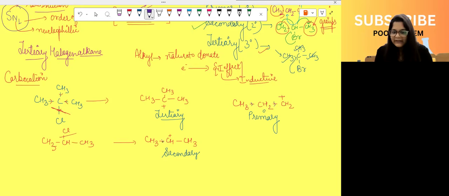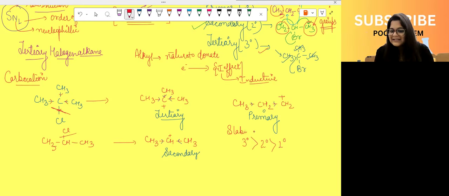Over here, it is getting it from two ends, whereas over here it is able to get it from all three ends. So in the case of tertiary, since it is able to get it from all three sides, it is more stable, followed by secondary and followed by primary. So I can say my 3 degree is highly stable, followed by 2 degree and followed by 1 degree.